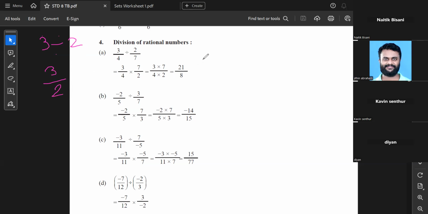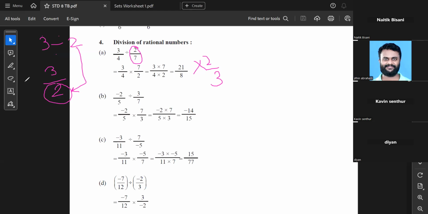You cannot write 3 divided by 2 as 2 upon 3. No, this is wrong. I hope you understood. Each and everything has its place. The second number belongs to the denominator. You can invert only the second number, nothing else. Okay?